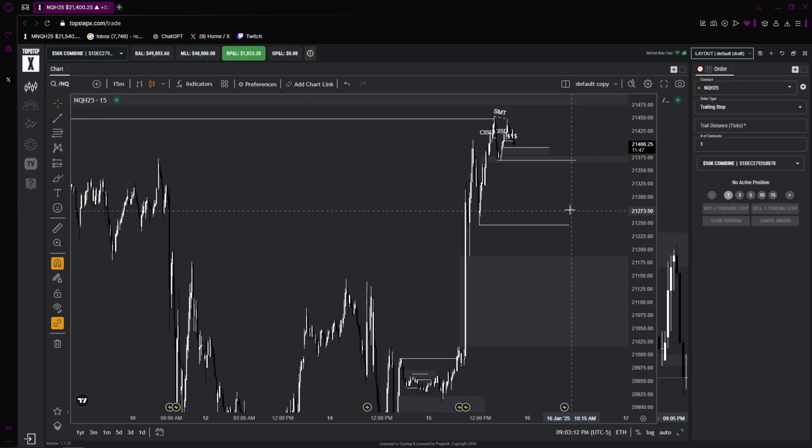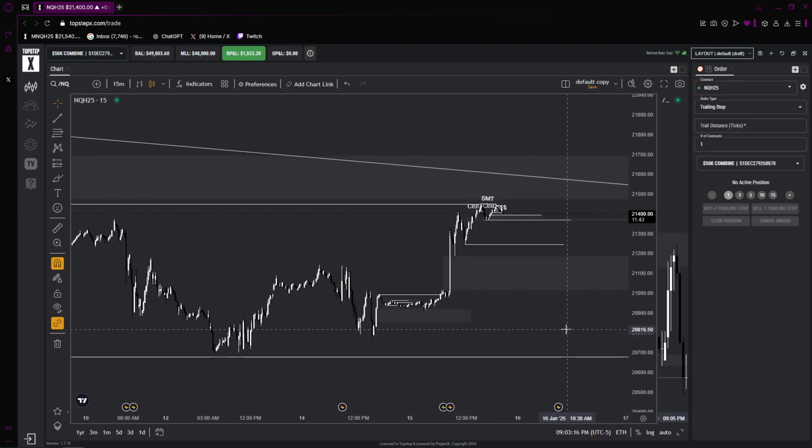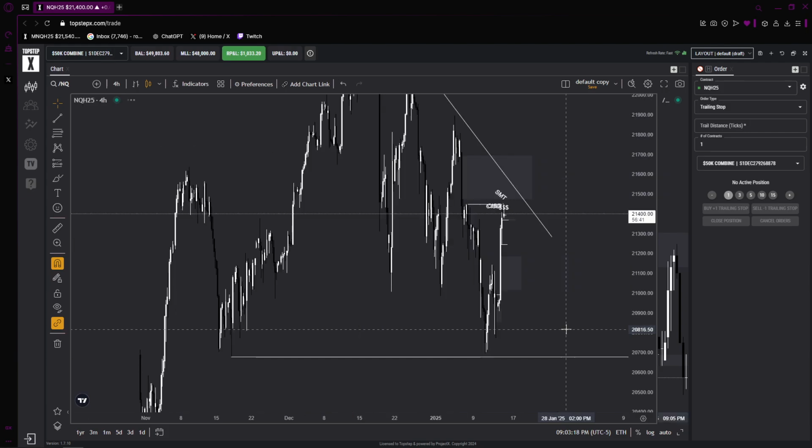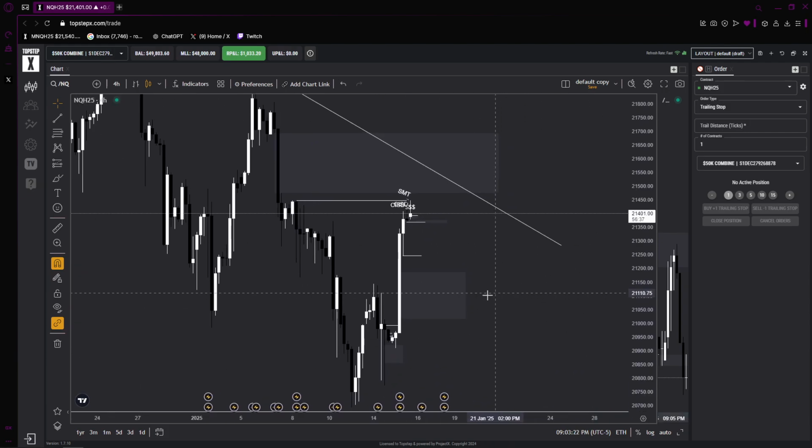But we won't. Because that is just a retrace on what? What are we going to do on the 4 hour? We're retracing back to what? An inefficiency.